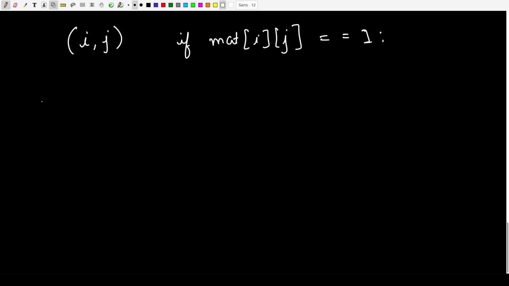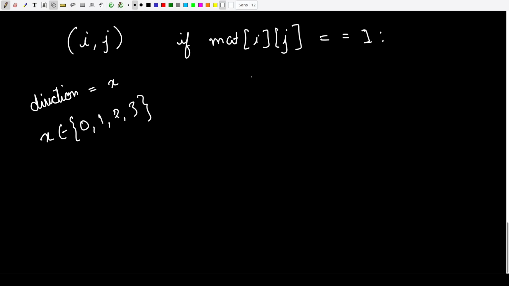Let us say our current direction, we are storing it in a variable which is direction, and let's say its value is some value x. Depending upon the value of x, and please note x will be either 0, 1, 2 or 3, or depending upon the value of direction, we are going to decide what will be our next direction.